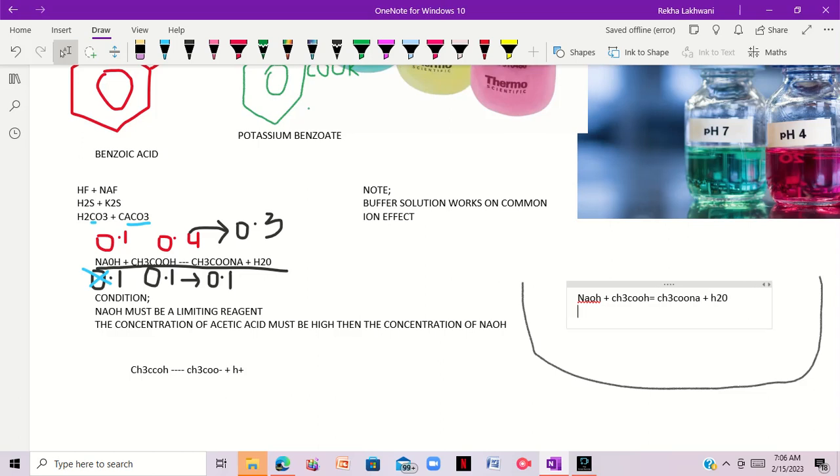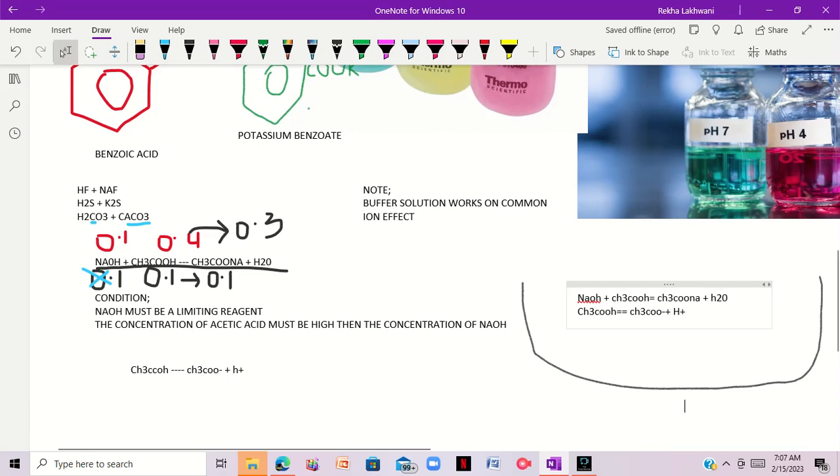Now next, CH3COOH breaks down in the presence of water, and we have CH3COO minus, plus hydrogen. This is a solution, right? We want to test it: does the pH really change, or does the pH really remain fairly constant? Does the solution really maintain a pH? We want to check this, right?